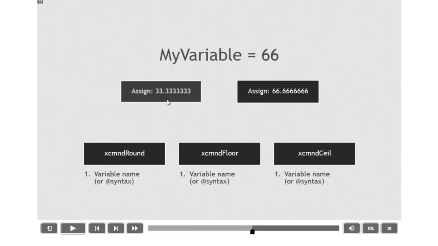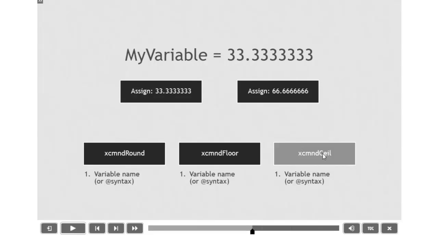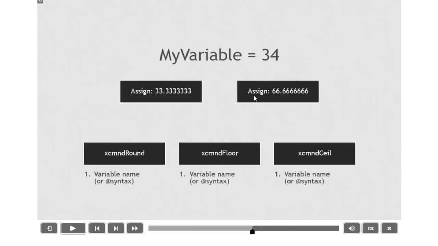The opposite of that is xcmd ceil, which I think stands for ceiling. These are all from JavaScript, the names of these functions. If I assign my variable to xcmd ceil, it's going to round it up to 34. And same here with 66, it will round it up to 67. So basically, xcmd round rounds to the nearest number, xcmd floor always rounds down, xcmd ceil always rounds up.